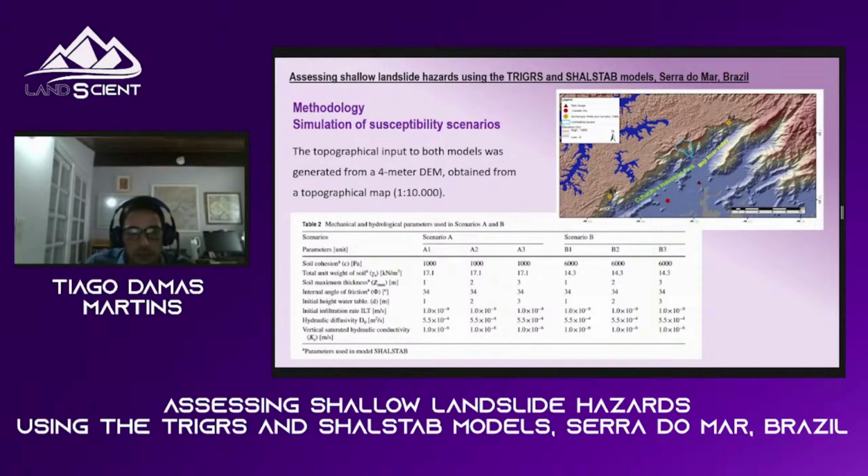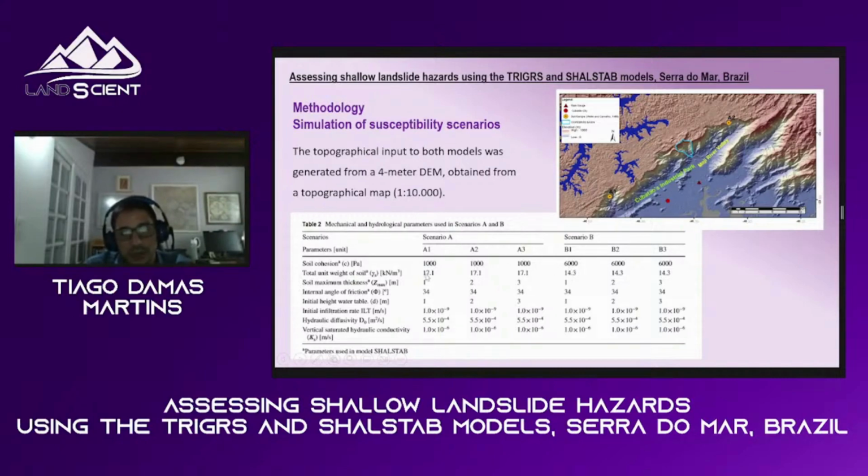So 6 scenarios were tested for each model. And the main issue is the variation of soil thickness and the cohesion. So in the first 3 scenarios, cohesion was 1,000 pascals, and in the other scenarios 6,000.